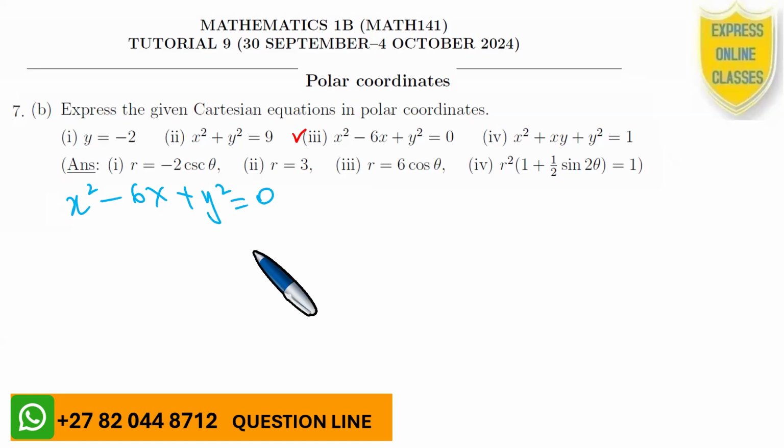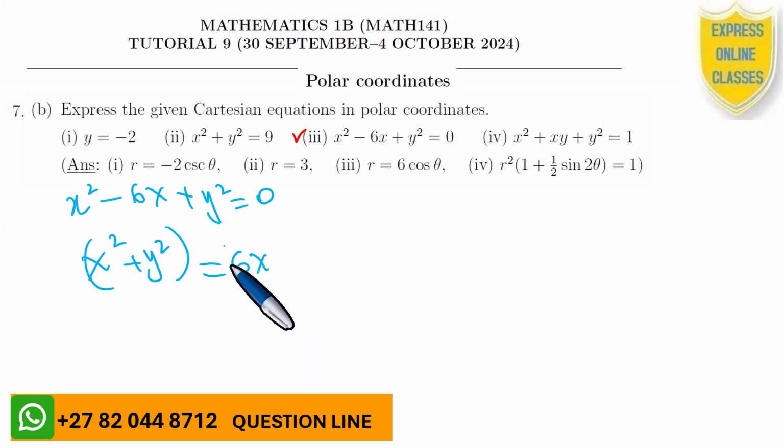Right, now to convert this one to polar equations, we need to think very carefully and realize something. There is x squared plus y squared here, so you can group them together. X squared plus y squared is r squared.